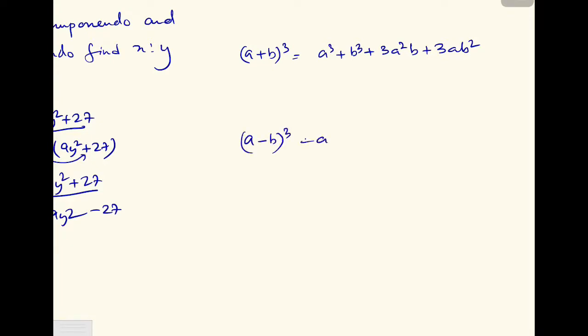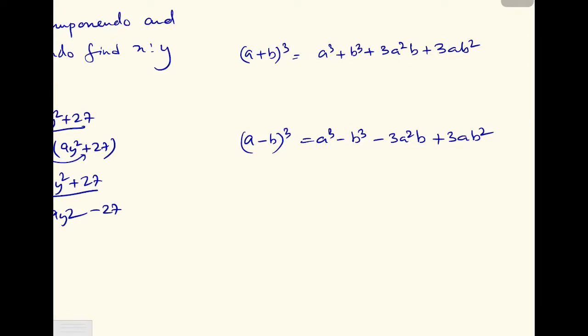It will be a cube minus b cube minus 3a square b plus 3ab square. This is the formula of a plus b whole cube and a minus b whole cube. You may remember it in a different order, but it's the same.